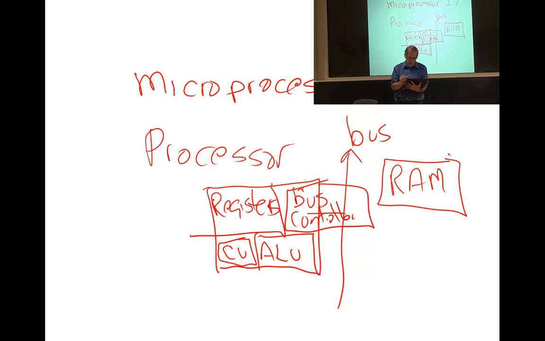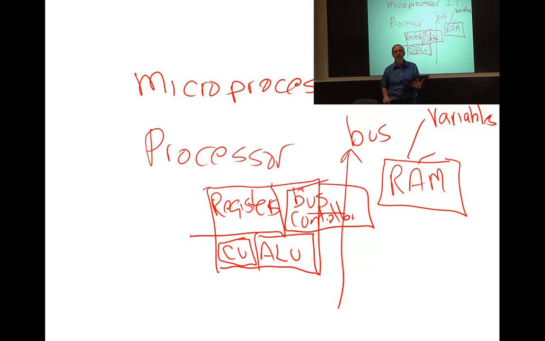What do we put in RAM? Temporary variables. And you're going to go, trick question, what kind of variables do we put in RAM? Where else could I put variables? Actually, this semester, you could put variables in ROM.